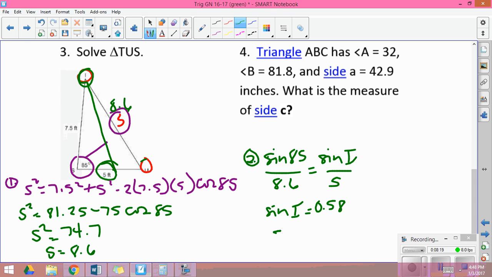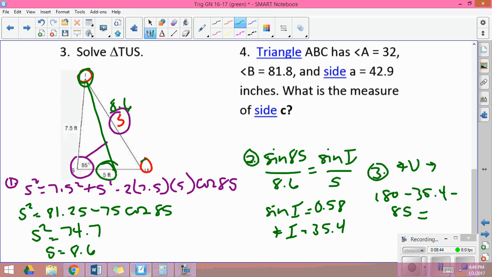Use your inverse, angle I is equal to 35.4. And then your last angle, is subtract from 180. Angle U is going to be 180 minus 35.4 minus 85, and that is going to end up being a 59.6 degree angle. So the last three examples will be on the next video.